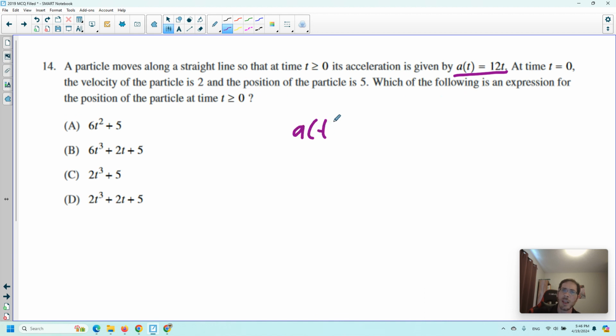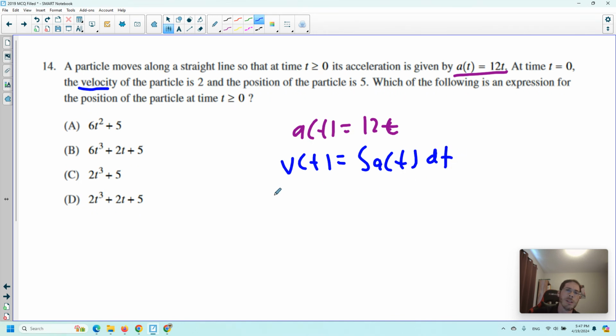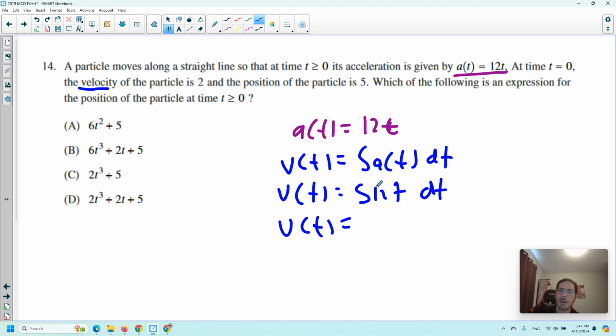We are told that a of t is equal to 12t. We can get to the velocity by just taking the integral dt. So the velocity is the integral of 12t dt. The integral of 12t is 12t squared over 2 plus c.